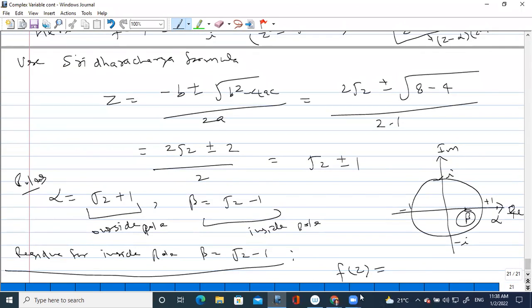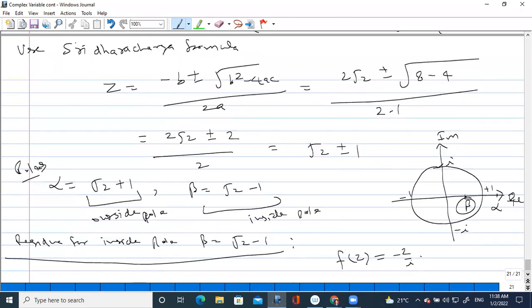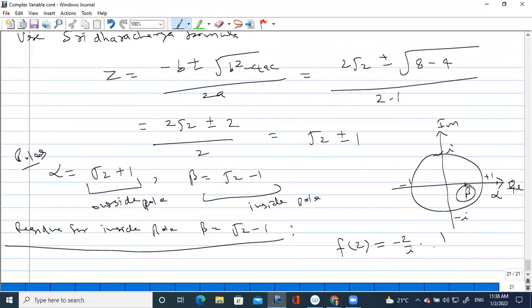I am writing it first. Minus 2 upon I into 1 upon this much, and this much because I want to write in term of pole, that will be Z minus alpha into Z minus beta. In this form I will write it. So this is my FZ.